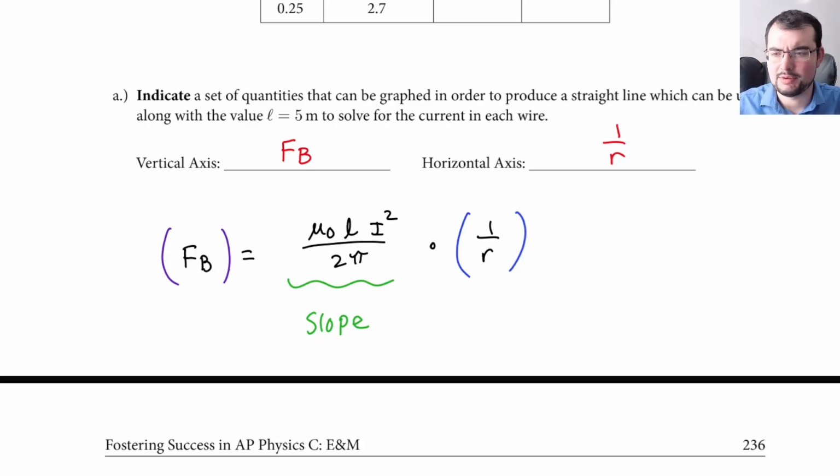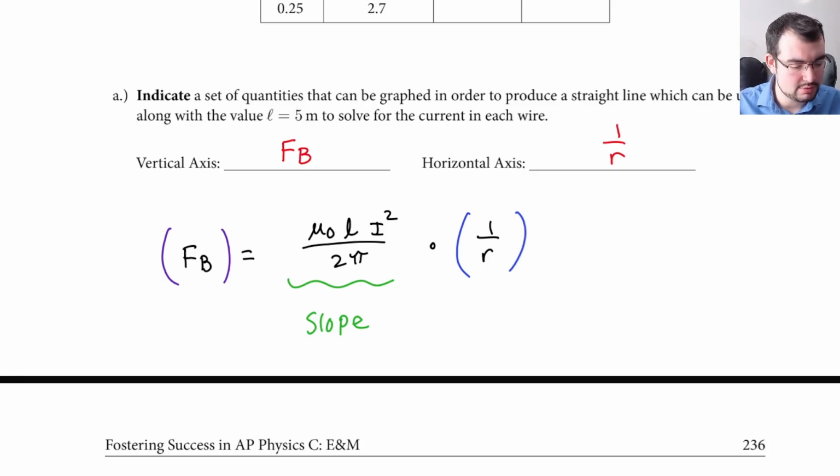This is going to be kind of a nasty slope to deal with. Now, if you're someone who likes to graph everything in your other box, that might actually be preferable here. It's just going to be really annoying with the units. So you can actually put FB versus mu naught L divided by 2 pi over R in that box, and your slope would be I squared.